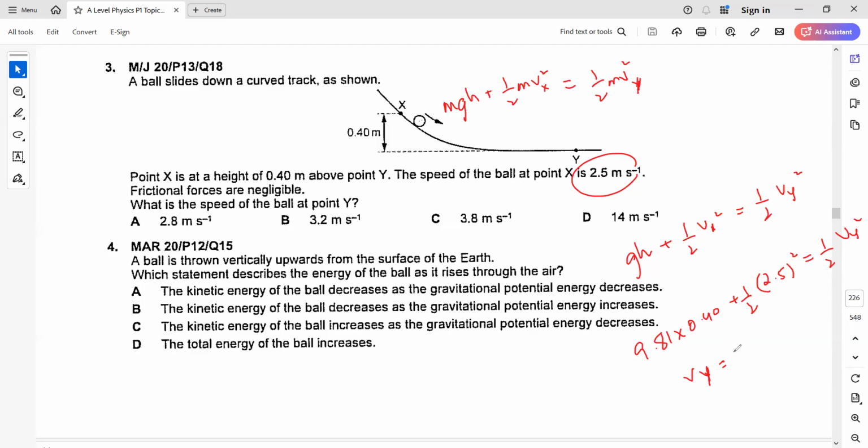That's 7.049 times 2. And then we have to find the square root of the answer. So I'm getting 3.75. That's C. So do you guys get this? Is this understood?